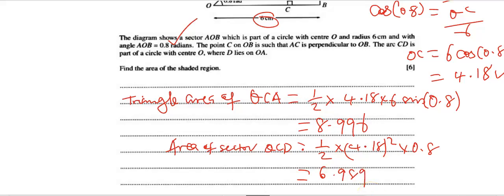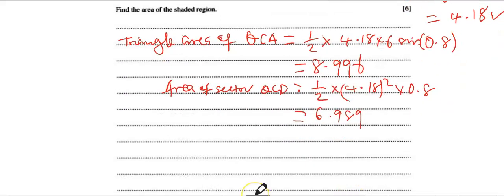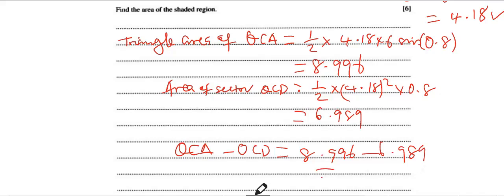Now we can take the difference among the two of them. So the difference will be OCA minus OCD. So OCA we got 8.996 minus OCD 6.989. Plug that in your calculator, you get 2.01 as the required solution for this question.